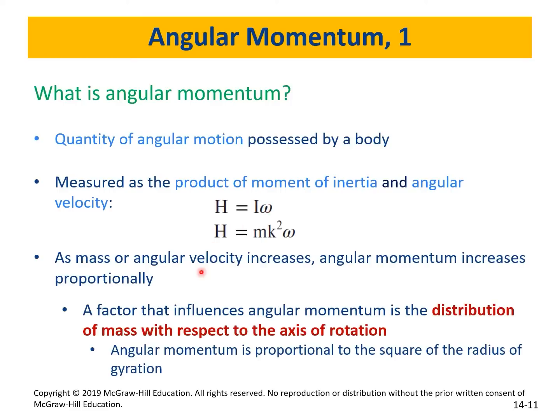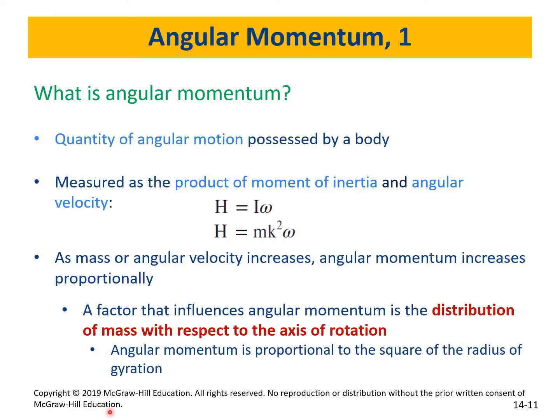It's linear. A factor that influences angular momentum is the distribution of mass with respect to the axis of gyration. If the masses are distributed away from the axis, what do you have? Larger moment of inertia, correct? The I will be larger, which means H will be larger, the momentum will be larger. Angular momentum is proportional to the square of the radius of gyration. That's another thing, I'm just looking at the value.